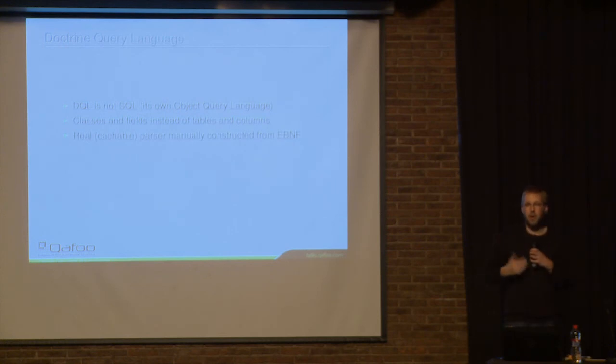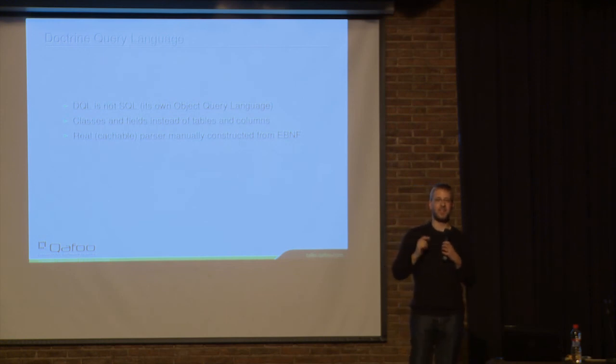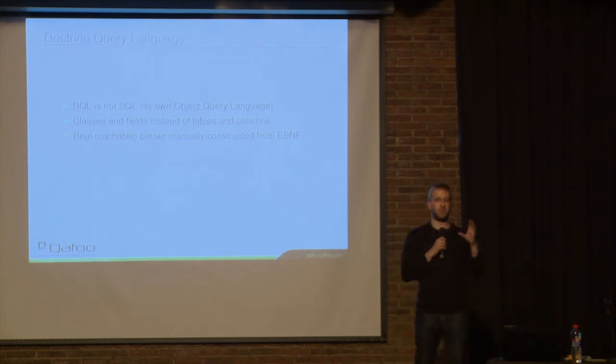And because building your own language in PHP is actually a very bad idea, we designed this in a way where this is cacheable at every step. So defining this Doctrine query language allows us to translate this to SQL statements and then cache this whole process.